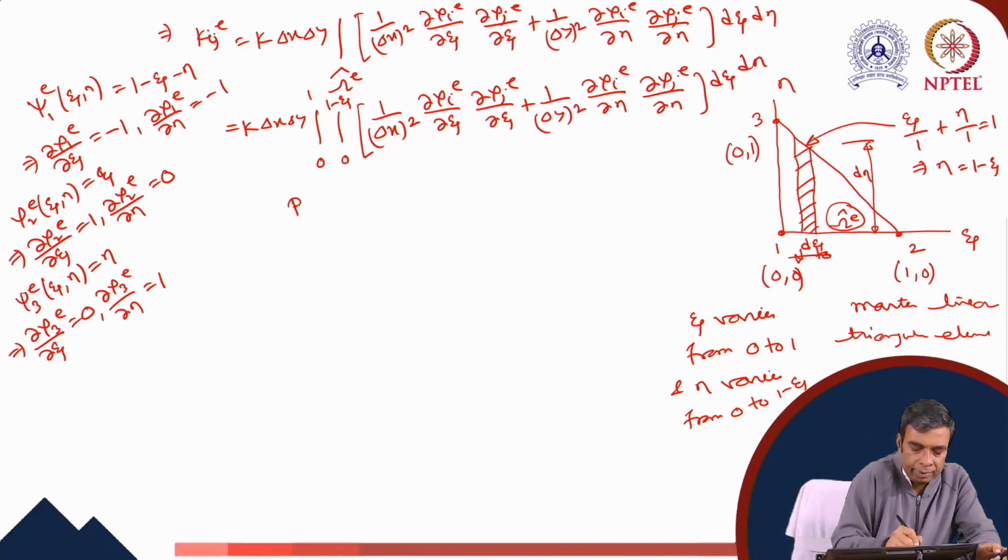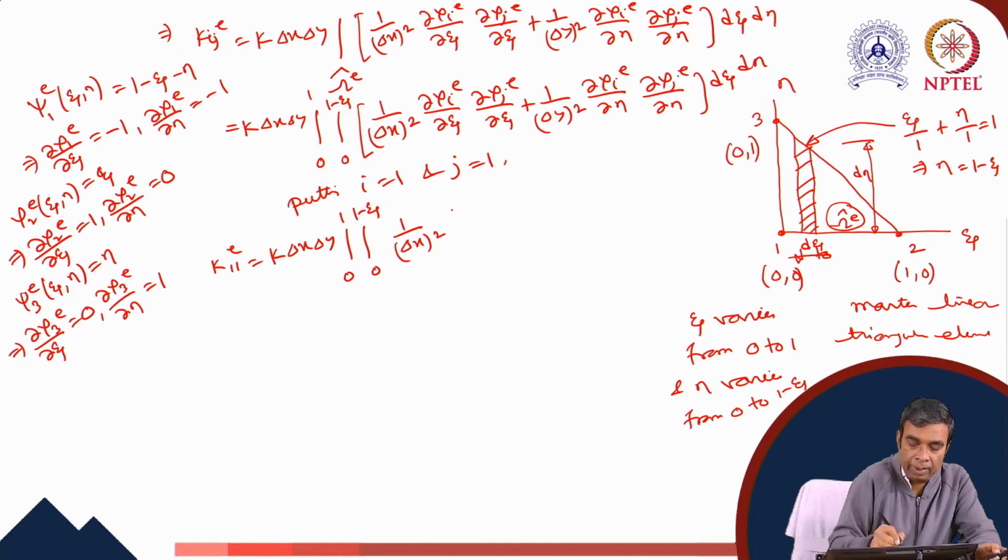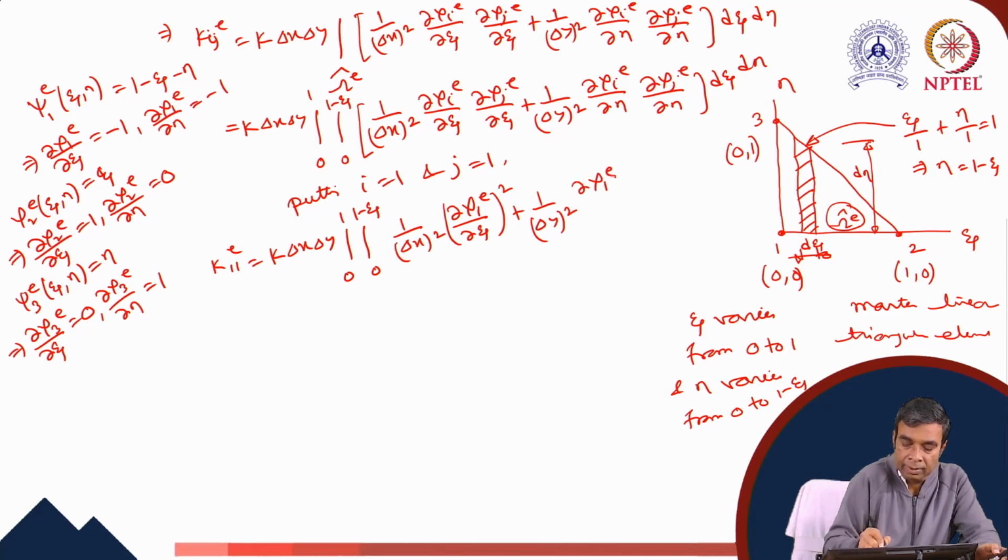Putting i equals 1 and j equals 1, we get k11e equals k into delta x delta y, integration 0 to 1, integration 0 to 1 minus xi, 1 by delta x whole square del psi 1e del xi whole square plus 1 by delta y whole square del psi 1e del eta whole square, d xi d eta.